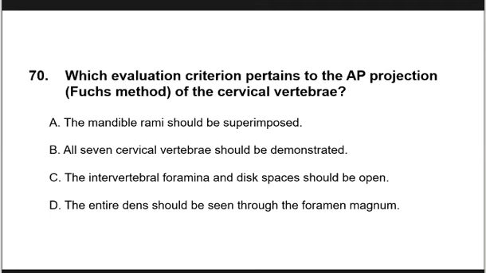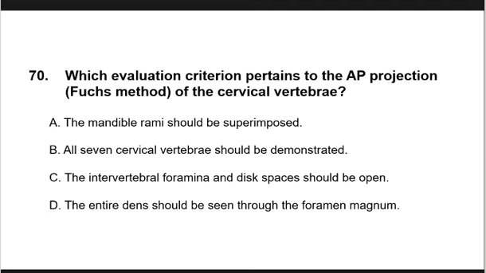So what is the other term for C1? That is atlas. And the other term for C2, that is axis. Or what other term is there for C2 aside from axis? Do you remember, class? Go on. Other term of C2 aside from axis? Class.